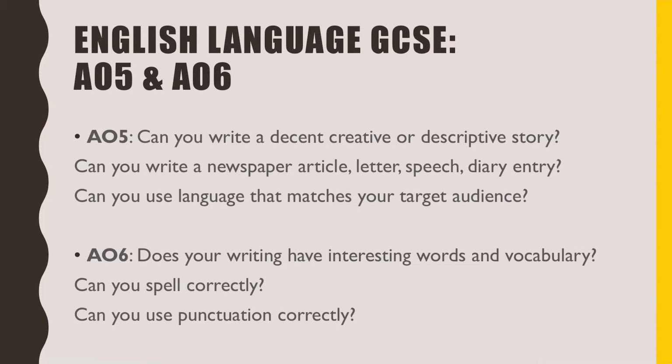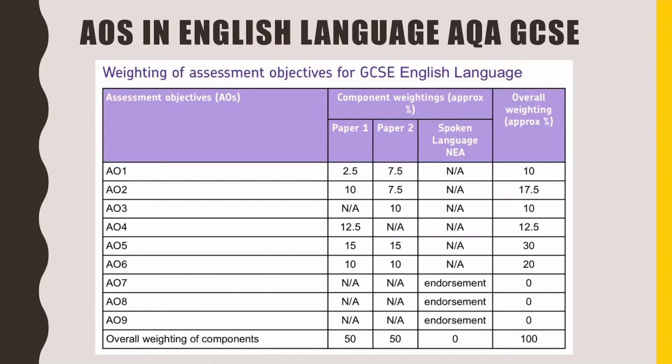Or if you're asked to write a story aimed at teenage readers, that will be completely different to writing a story aimed at your teachers. AO6 means, does your writing have interesting words and vocabulary? Can you spell correctly? And can you use punctuation correctly?